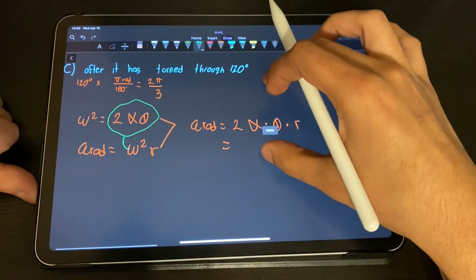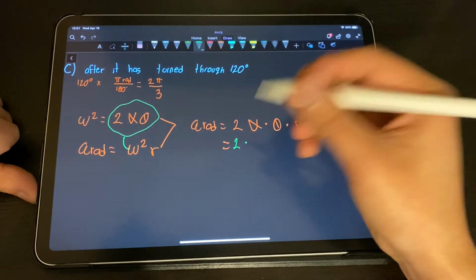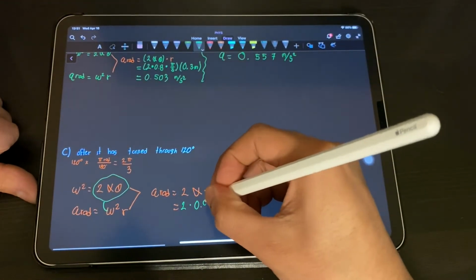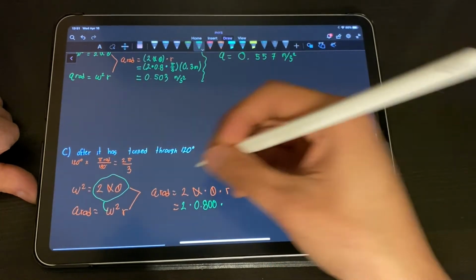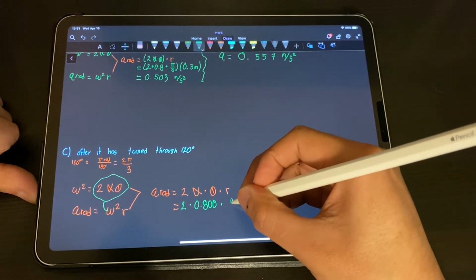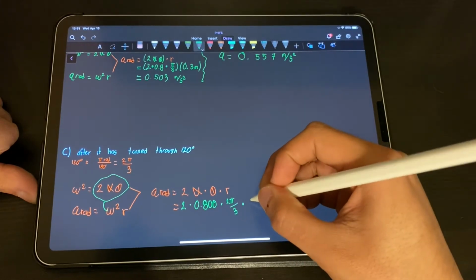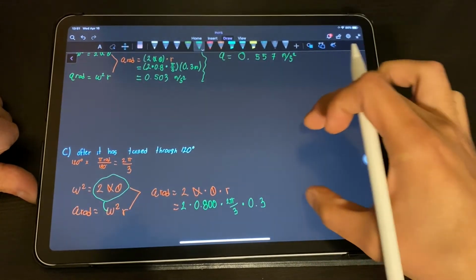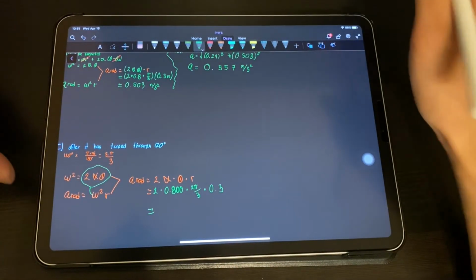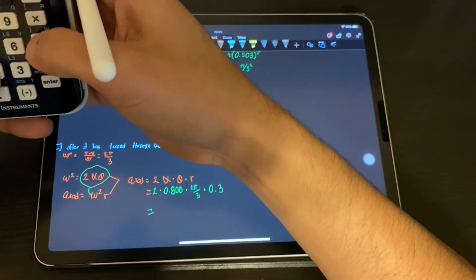If we start plugging in numbers, we do 2 times the angular acceleration, which is 0.800, times the angle, 2 pi over 3, times the radius, which is 0.3. Then we put it in the calculator.